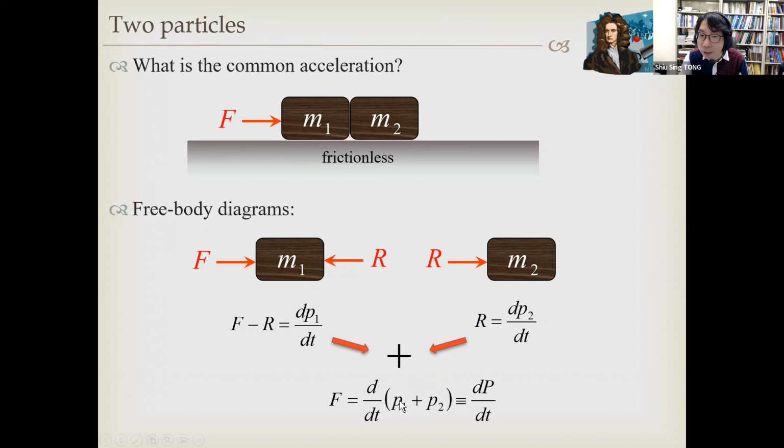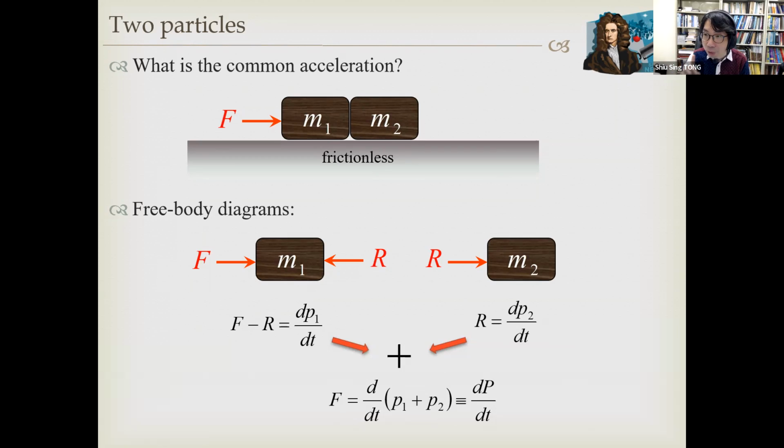And the overall result is independent of R. We find that the external force acting on the system as a whole will always be equal to the rate of change of the total momentum, not just the momentum of an individual particle. This is very important because we have successfully extended Newton's second law to more than one particle.